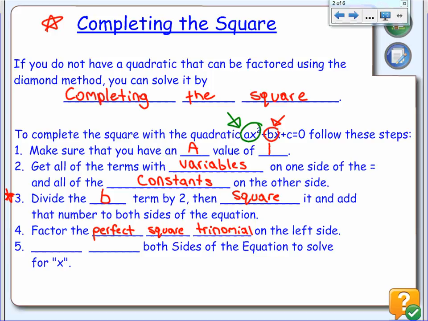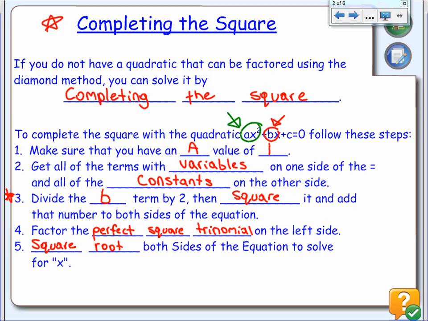So by following step 3, what you did is you actually created a trinomial that you could now factor. And I'll show you that again once we get a few examples in. Step 5 is square root both sides of the equation to solve for x. So these are your step-by-step instructions.